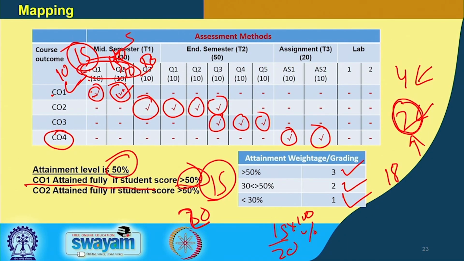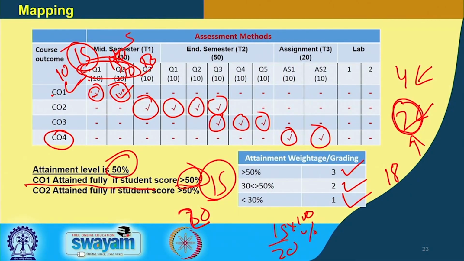So, depending on the attainment of the CO, I can define a weight. Designing the question paper and mapping between the CO and the question paper is a very important aspect of attainment calculations.